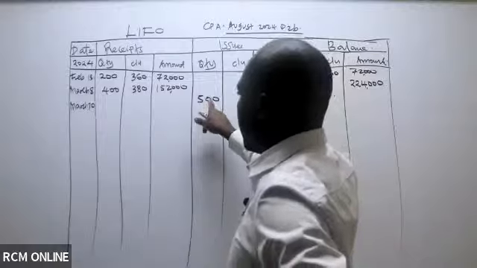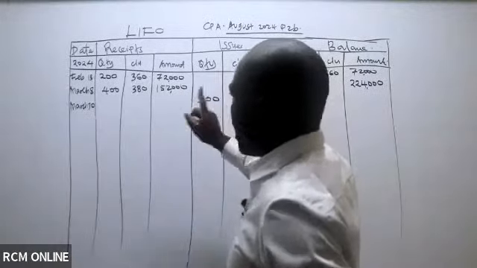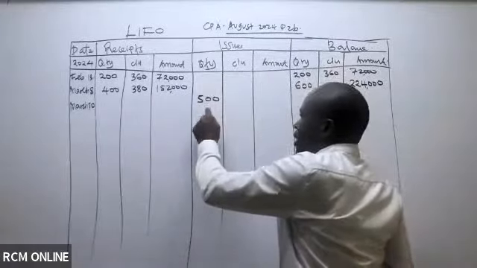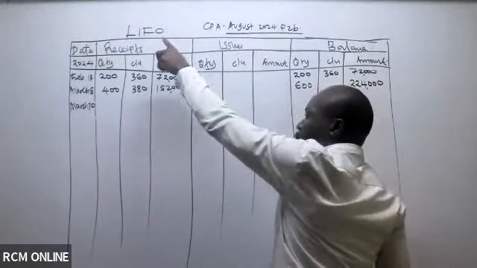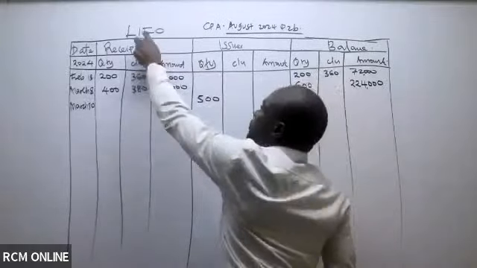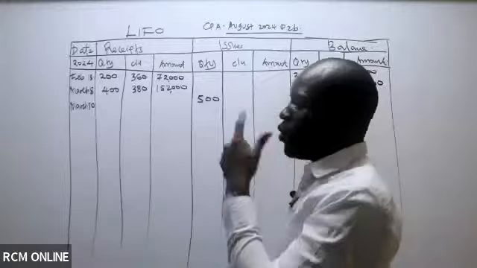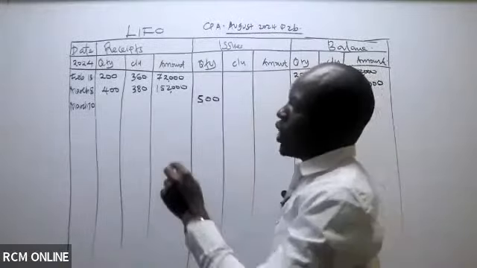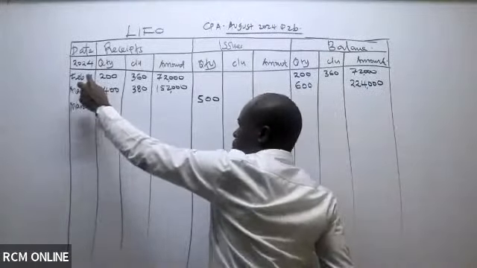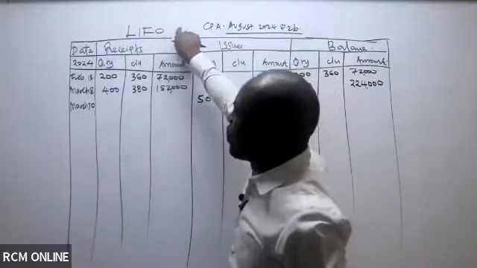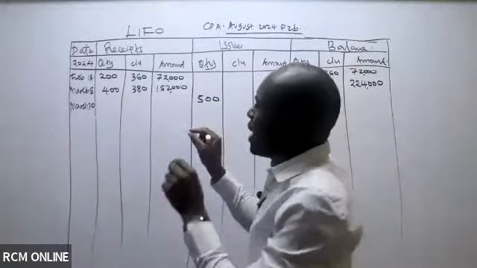Number two, my choice of putting 500 here depends on the method. So before I record 500, I know they need 500. That's what was issued. I must go to the method. Which method? LIFO, last in, first out. We don't have opening stock. We have goods that were purchased on 13th. We have goods that were purchased on 8th. Based on our method, if I were to issue goods, which one will I take first?